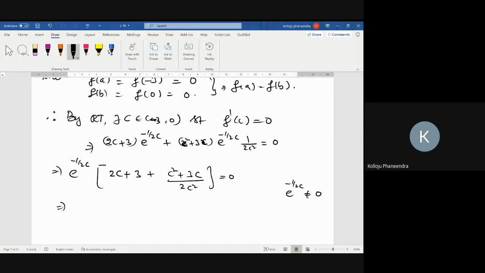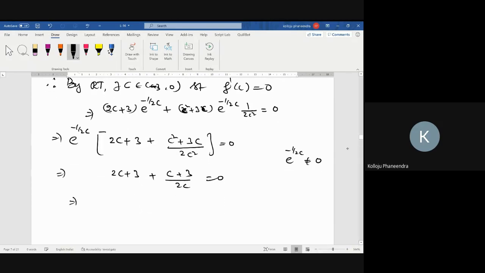How to solve this? One c gets cancelled. 2c plus 3 plus c, take c common, c plus 3 by 2c equal to 0. Now take LCM. 4c square plus 6c plus c plus 3 equal to 0. This implies 4c square plus 7c plus 3 equal to 0.